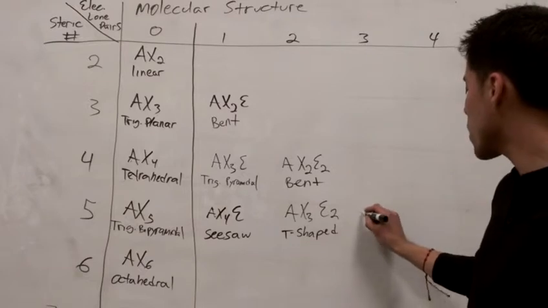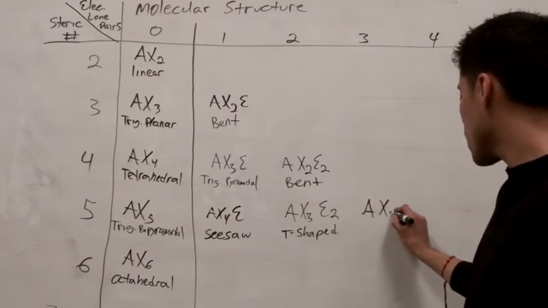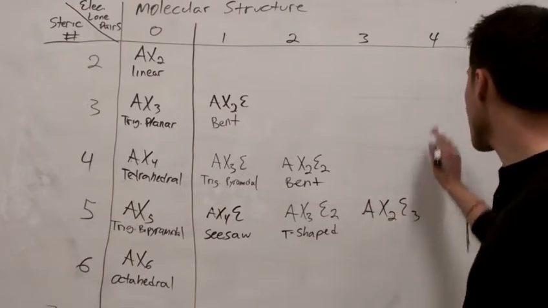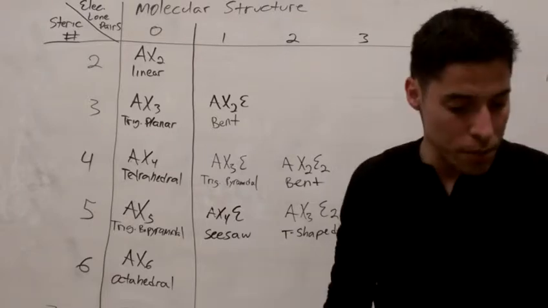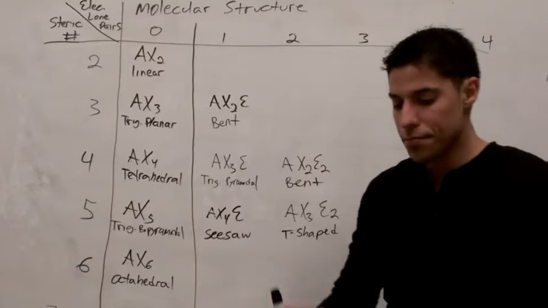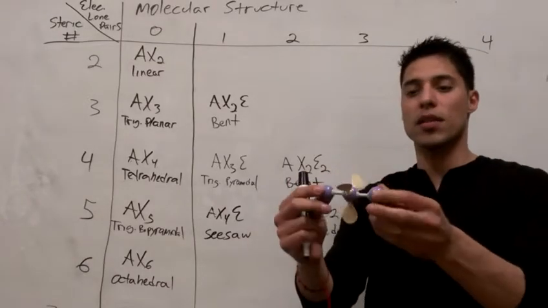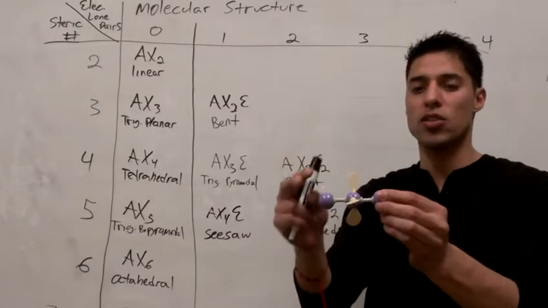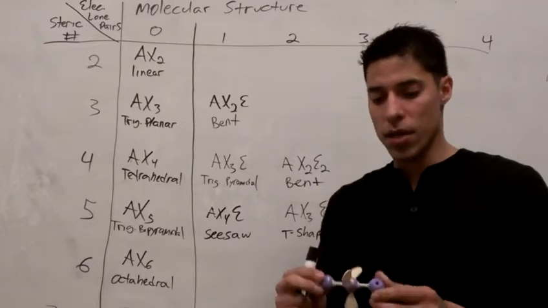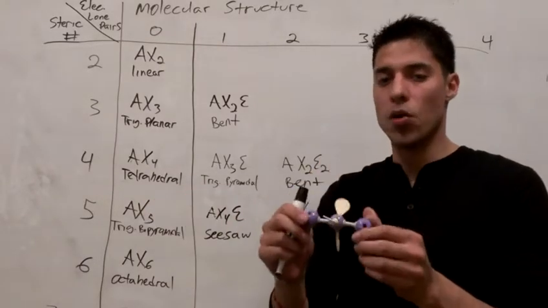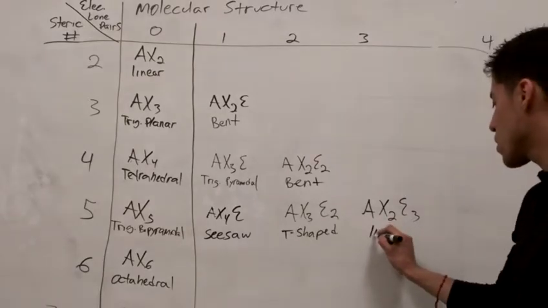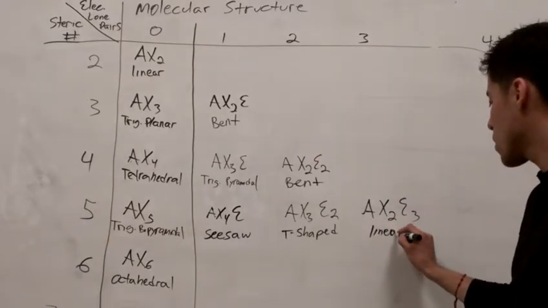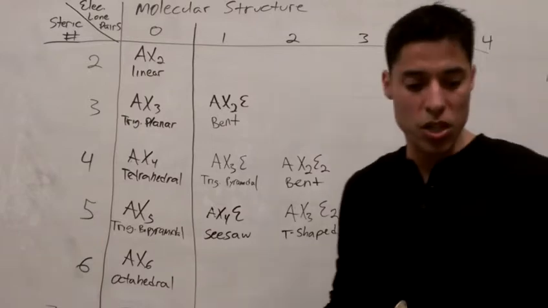Alright, if we continue moving down, AX2E3, we're going to have a molecule that looks something like this. 2 surrounding atoms and 3 electron lone pairs. We're going to have, once again, a straight linear molecule. So for an AX2E3, we're going to have a linear geometric shape.